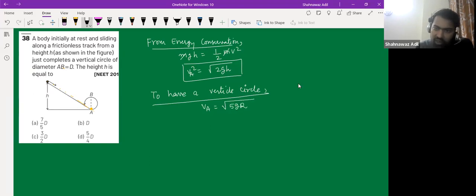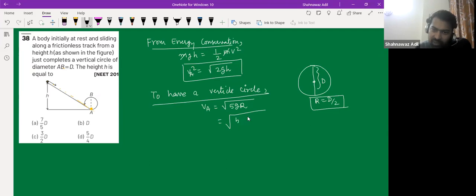This is the circle, and its diameter is D. So R would be D by 2, right, guys? Yes, sir. So we will write this as 5g D by 2. This is the velocity at point A, and that should be this one.